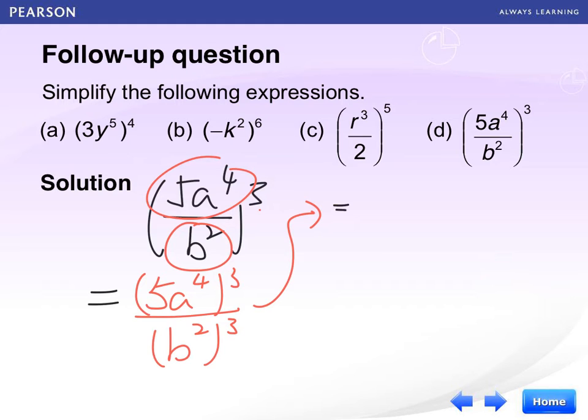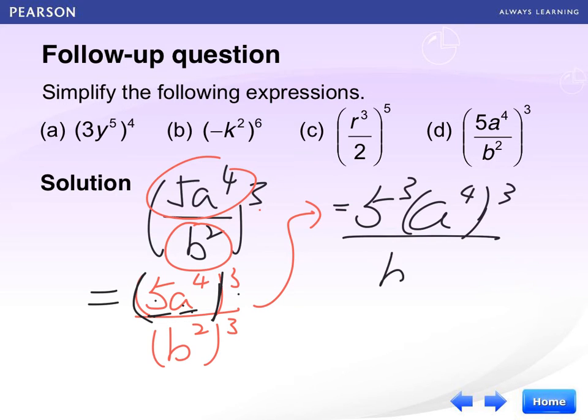And then for this one, you find that it is a product and it takes the cube, so each of them takes the power 3. So it's 5 cubed, and a to the power 4 cubed, and then b squared cubed.